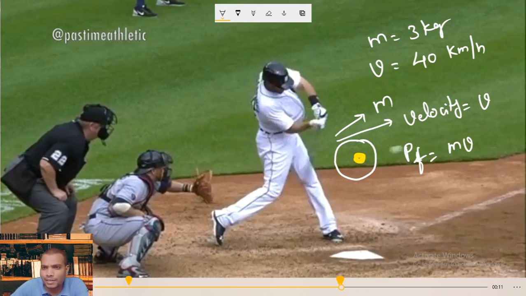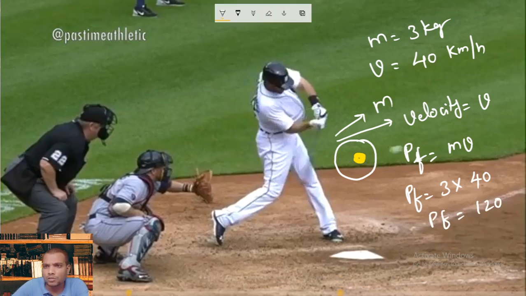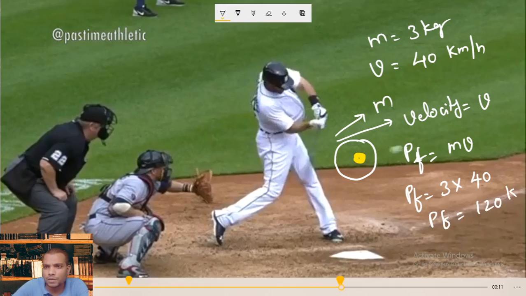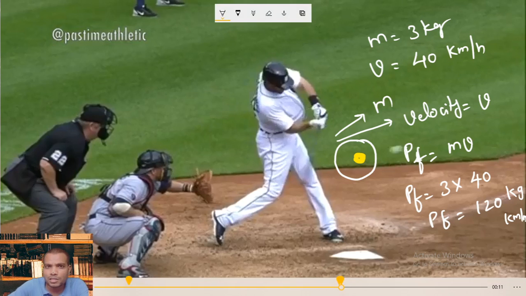Now we can calculate the final momentum, the product of mass and velocity, 3 times 40, so momentum final equal to 120 kg kilometers per hour. Now we can calculate the change in momentum.